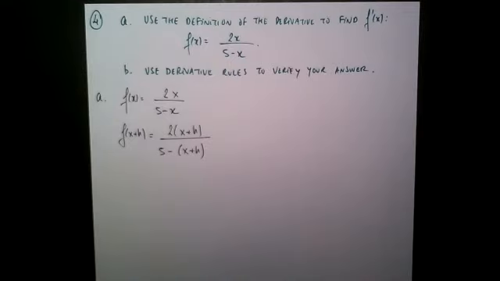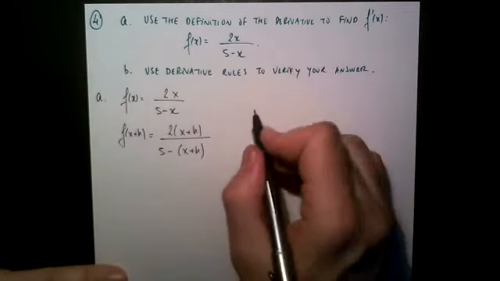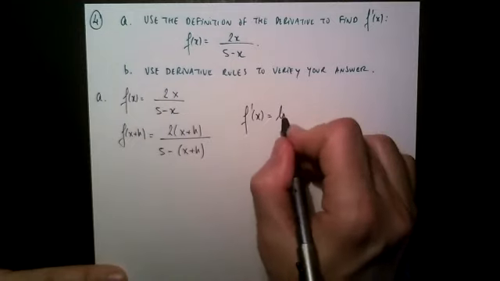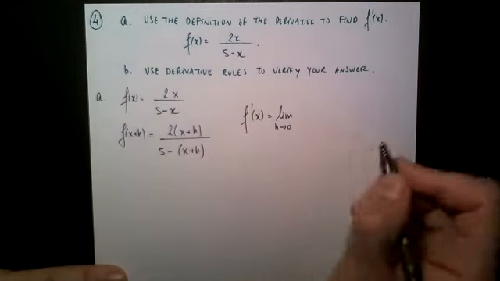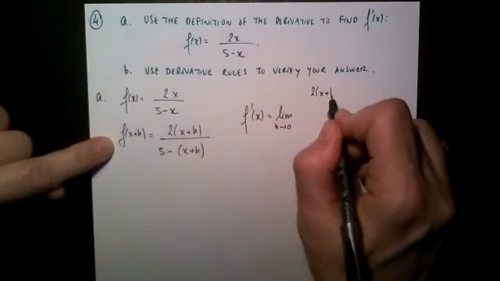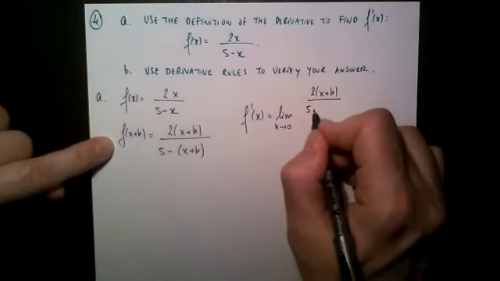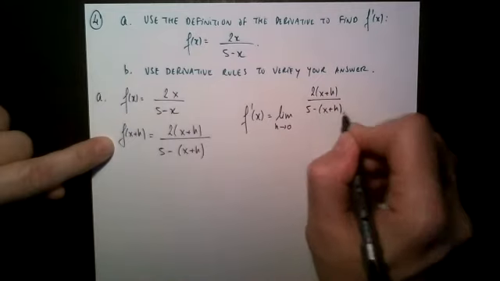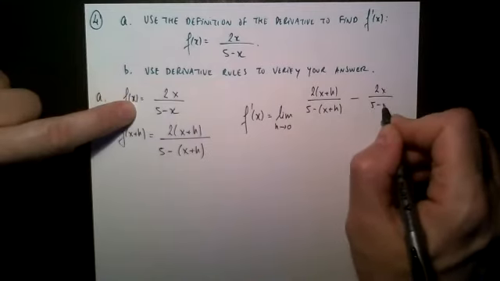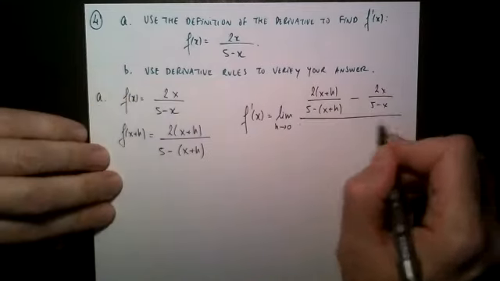Okay, f prime of x is the limit as h approaches 0 of f of x plus h minus f of x, all this over h.